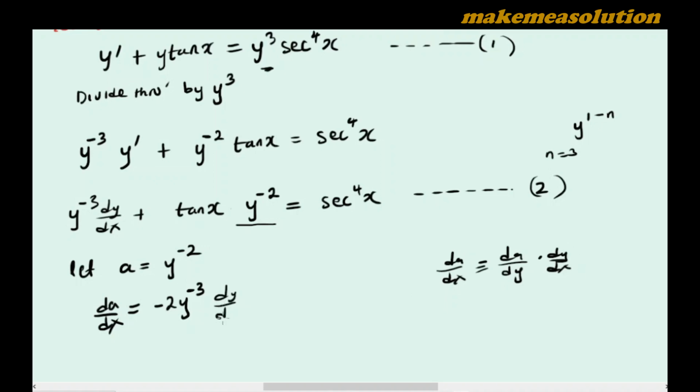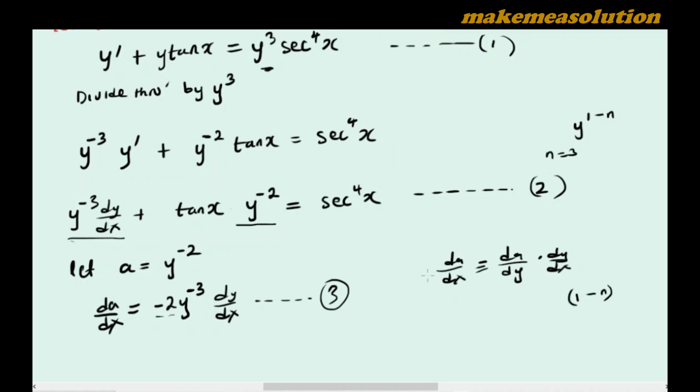Okay, so this is my dA dx. Again, something interesting is happening in this dA dx. I can see that this dA dx looks like the first term in equation 2. The only difference is this factor of minus 2, and this factor of minus 2 is still 1 minus n.